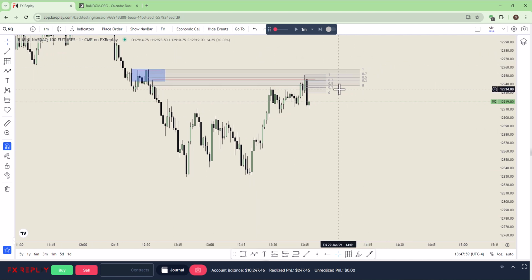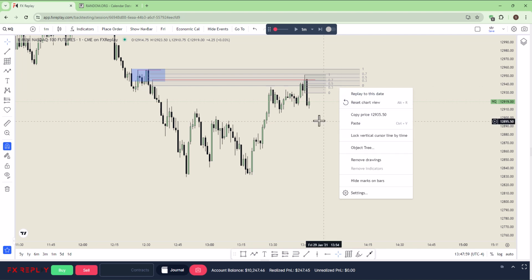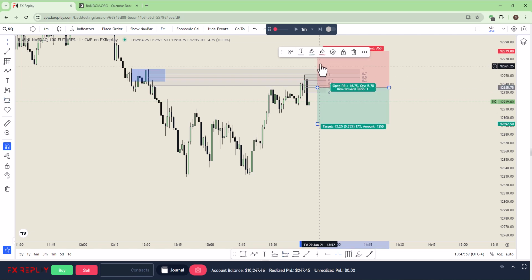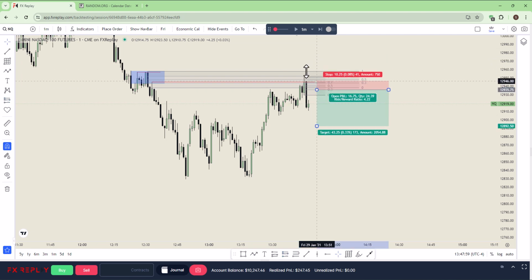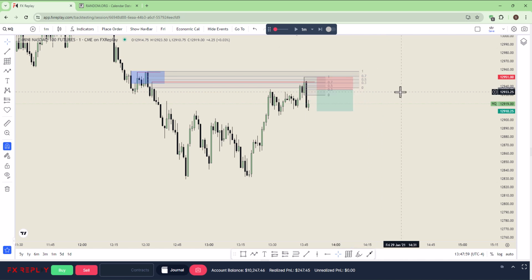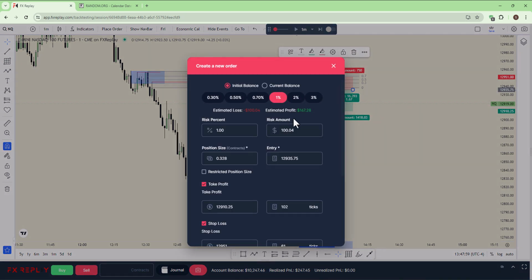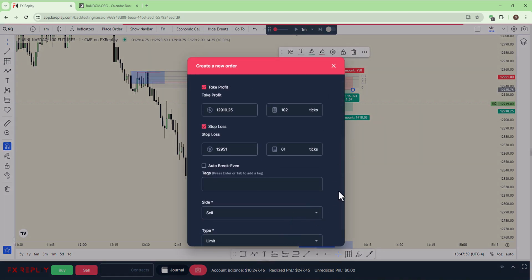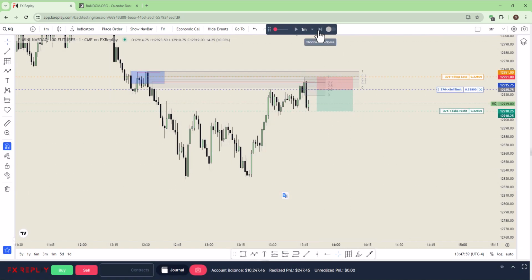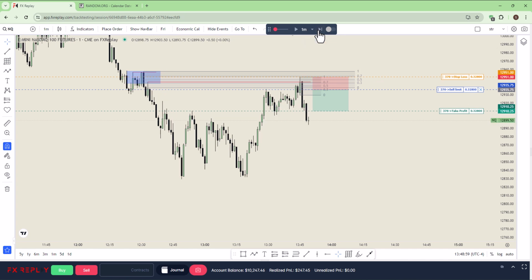Let's see if price is going to give us an entry. 30%. Stop loss here. Let's target this low right here, for example. So let's see how this is going to work.